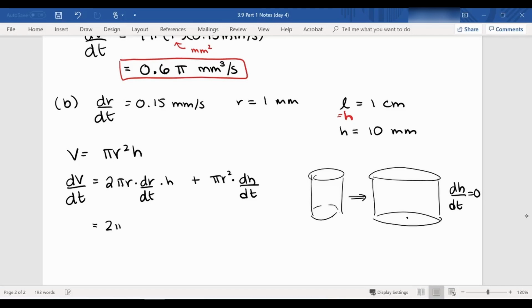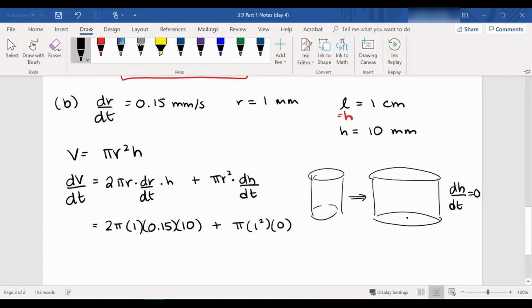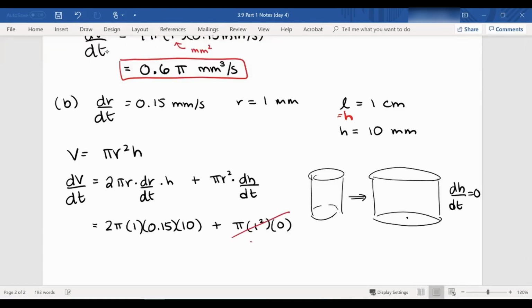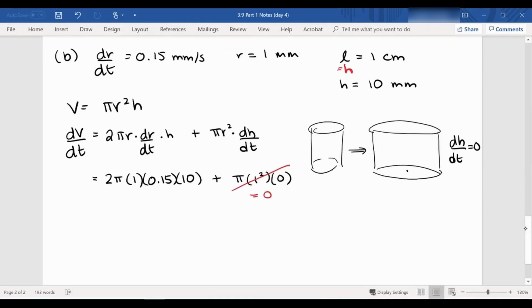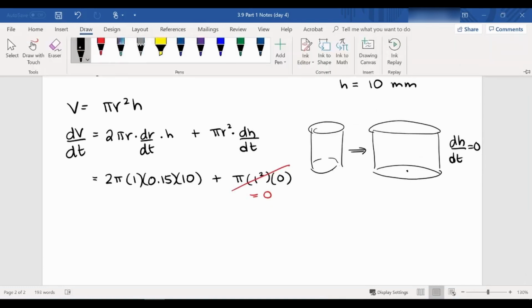So we have 2 pi, r is 1, dr/dt is 0.15, h is 10 millimeters, plus pi times 1 squared times 0. So this entire second term is equal to 0 because dh/dt is 0. And now we can calculate what this is equal to.